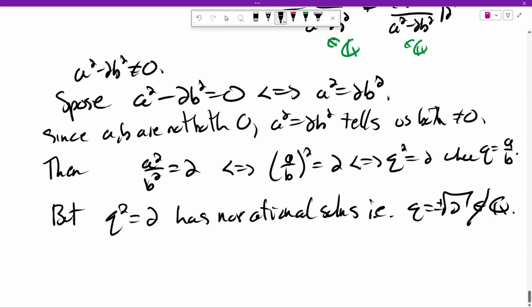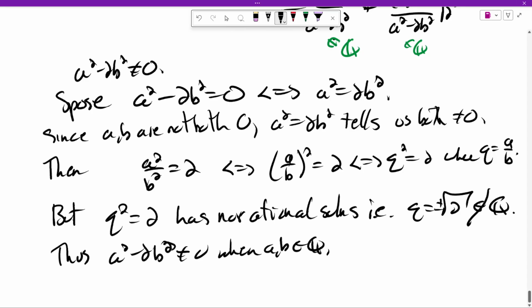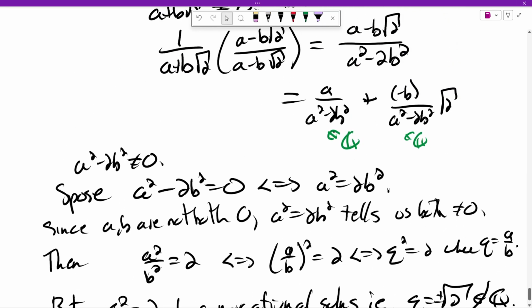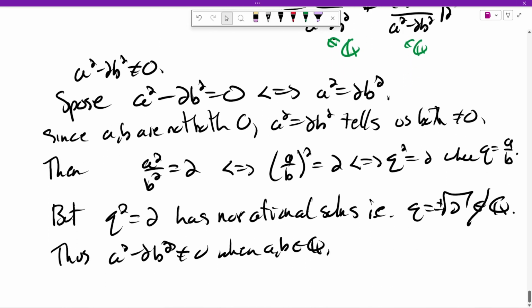So if it was true that a squared minus 2b squared was 0, then root 2 would be a rational number, but it's not. Thus, a squared minus 2b squared is not 0 when a and b are rational. And so our denominator, if we scroll all the way up, makes sense to write down. We can write down this denominator just fine.